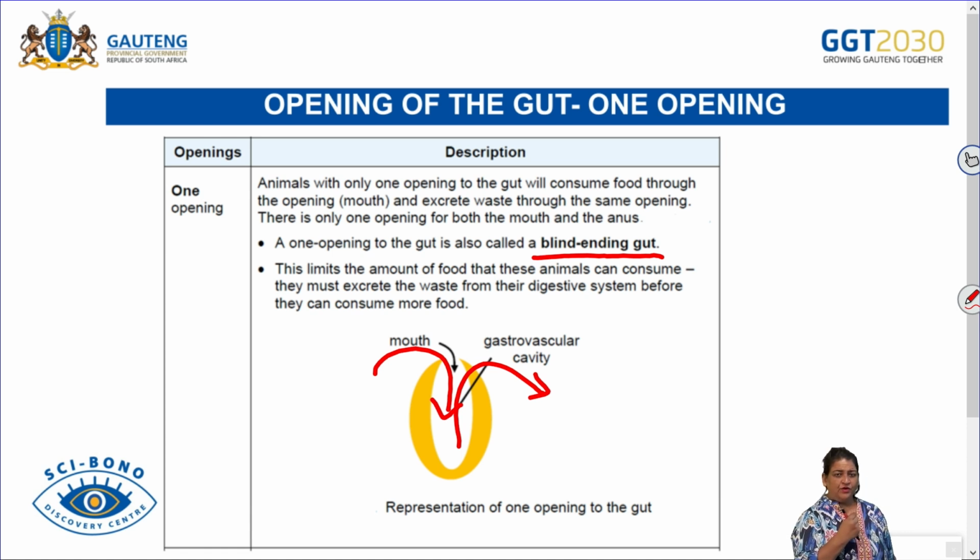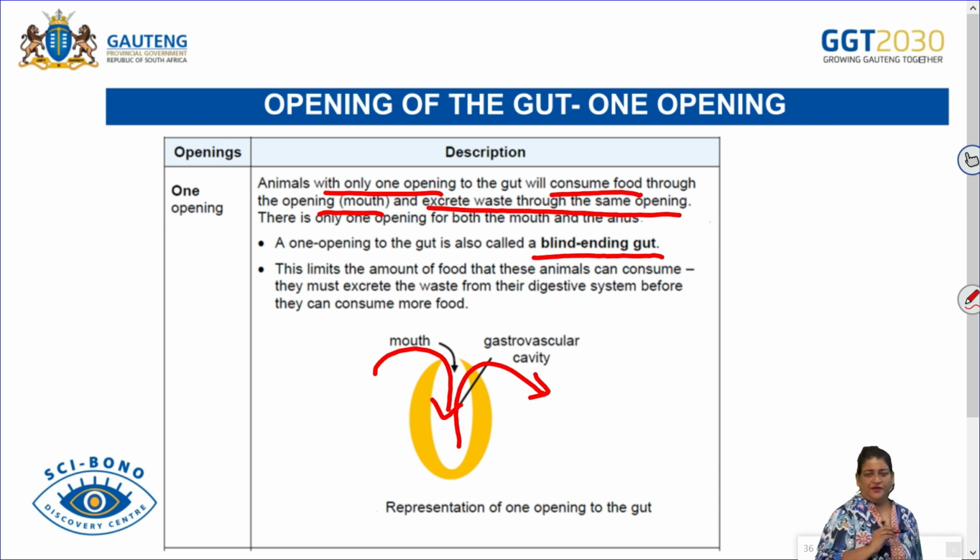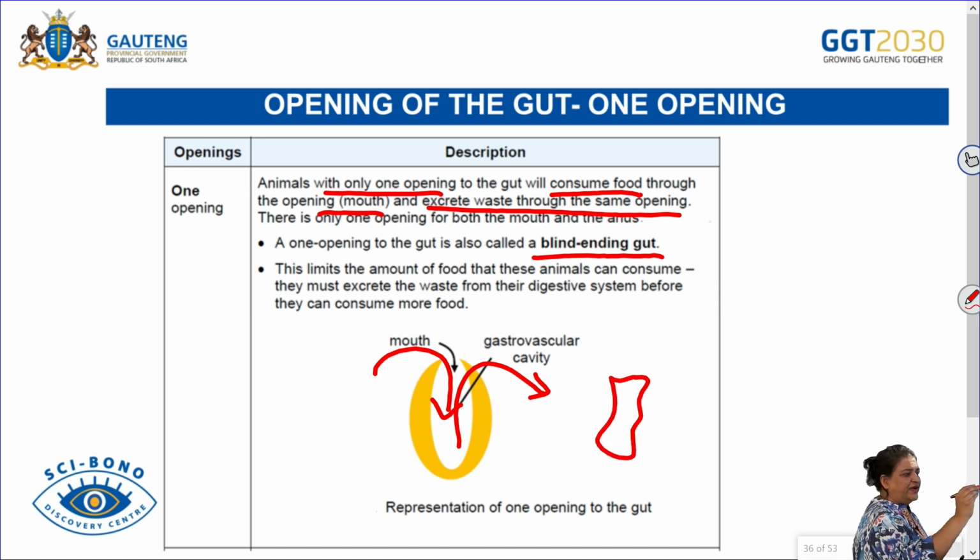One opening like a mouth is used to ingest food and also expel undigested food. So animals with one opening will consume food through the mouth and excrete food through the same opening. So there's going to be a mixing of digested and undigested food. And we normally find that in a hydra. Here's a hydra, and around the hydra you have the tentacles with one opening.